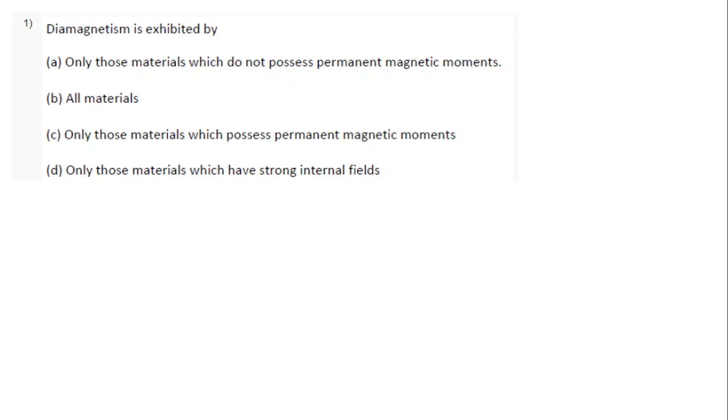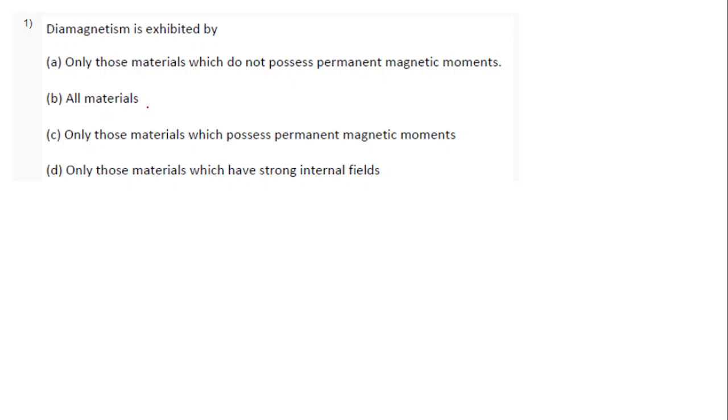So the first question is, diamagnetism is exhibited by: the options are only those materials which do not possess permanent magnetic moments, all materials, only those materials which possess permanent magnetic moments, only those materials which have strong internal fields. I think the best answer will be all materials.